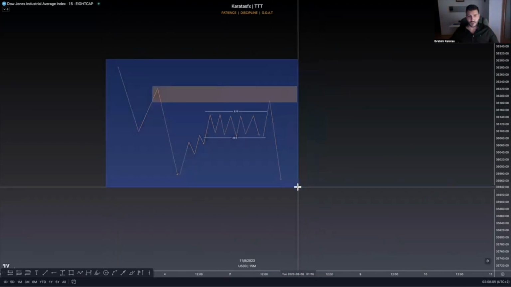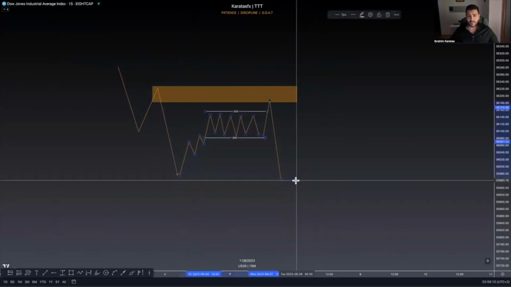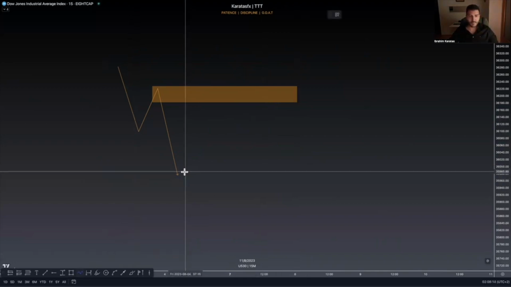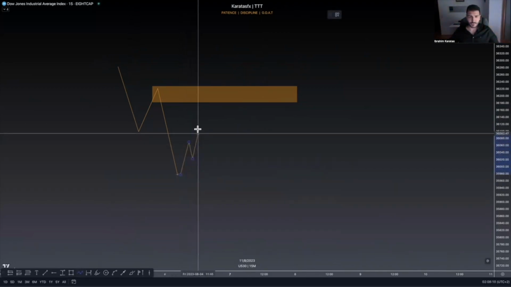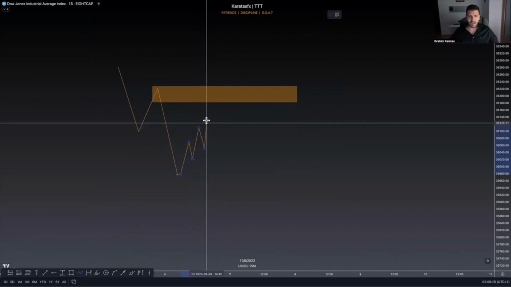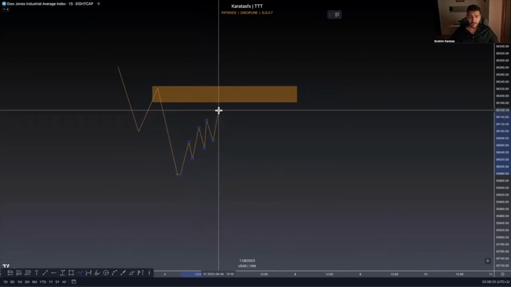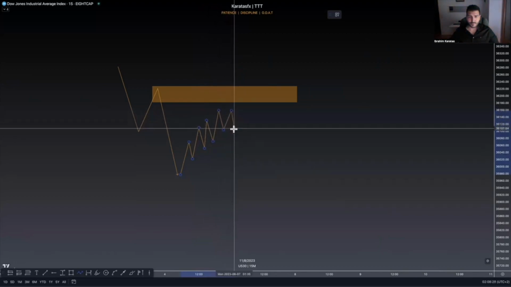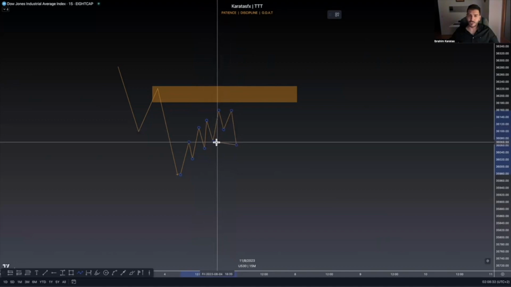So, another thing we have is the fake shifts in structure, which means a pullback on a lower time frame. Okay, so moving up, higher high, higher low, higher high, higher low. Then we have this, and a break of this substructure.